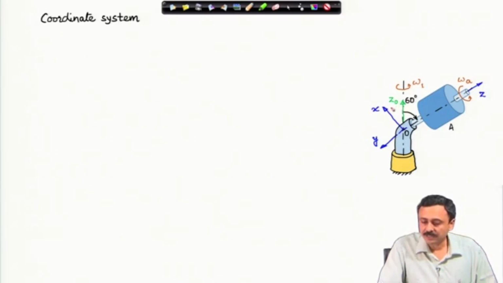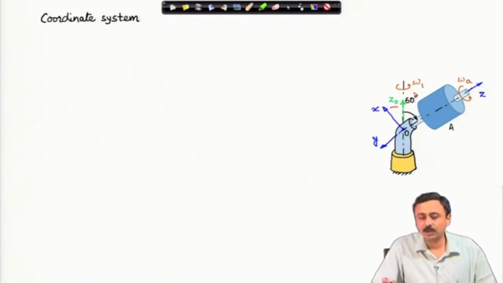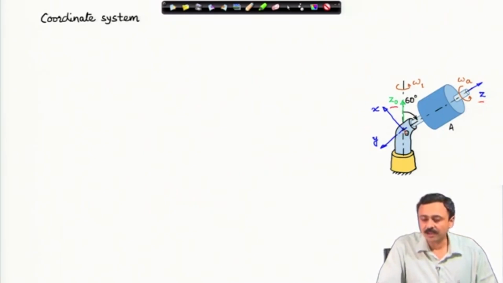We have this z naught about which you have omega 1, with which the whole assembly is rotating, and z is the spin axis. What I have done is I have taken the y axis this time to be the common normal to z naught and z, and x is the corresponding right handed coordinate system.